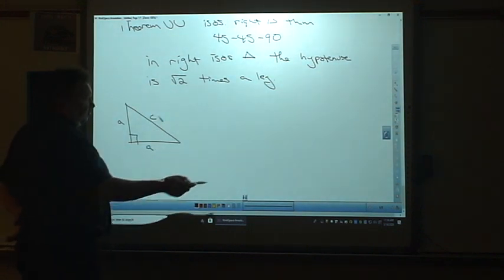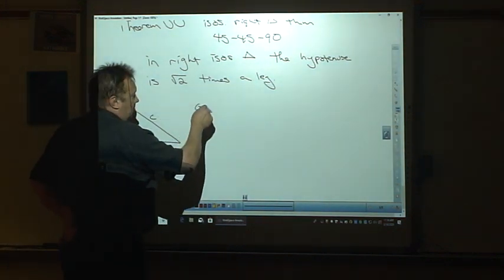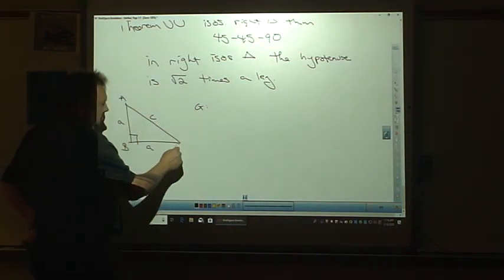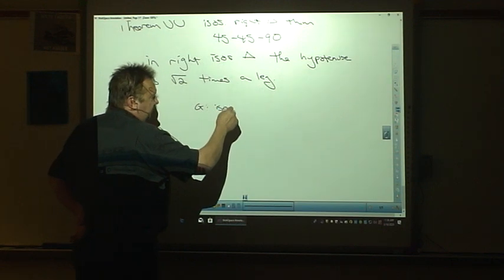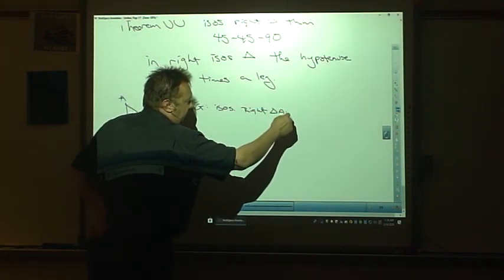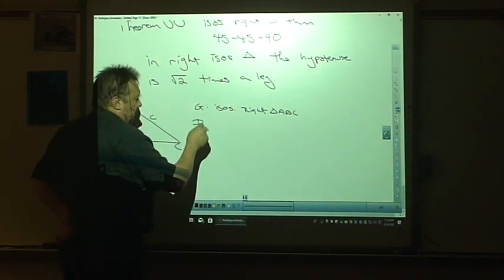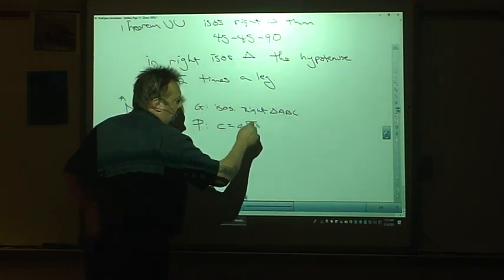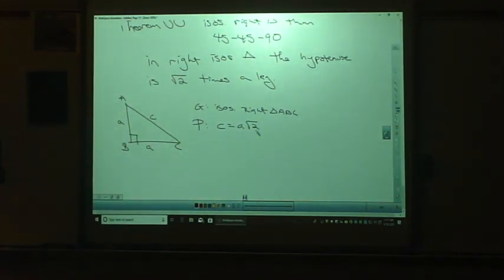Here's our isosceles right triangle. We're going to say given is isosceles right triangle ABC. We want to prove that C is equal to A times the square root of 2.